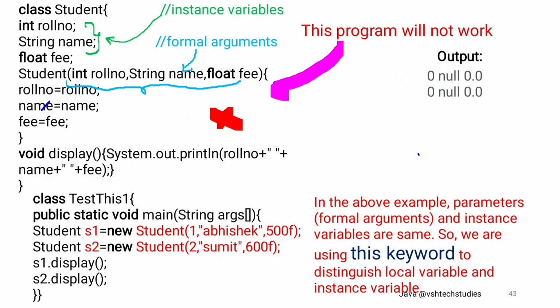This is the program which didn't work because the naming conflict was there. Formal parameters and instance variables had the same name. And the output was 0 or null: roll numbers were 0, fee was 0 and name was null.